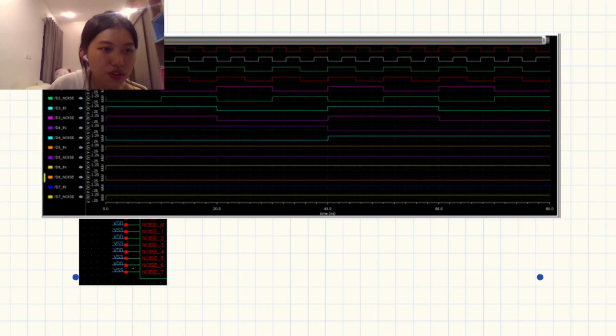D0 in here is 1, but after transmission, it will be 0. And the next D0 will be 0, but after transmission, it will be 1. And with the noise in here, you can see that it's VSS, so it's 0 now. So the bit D1 doesn't change anything, it stays the same.